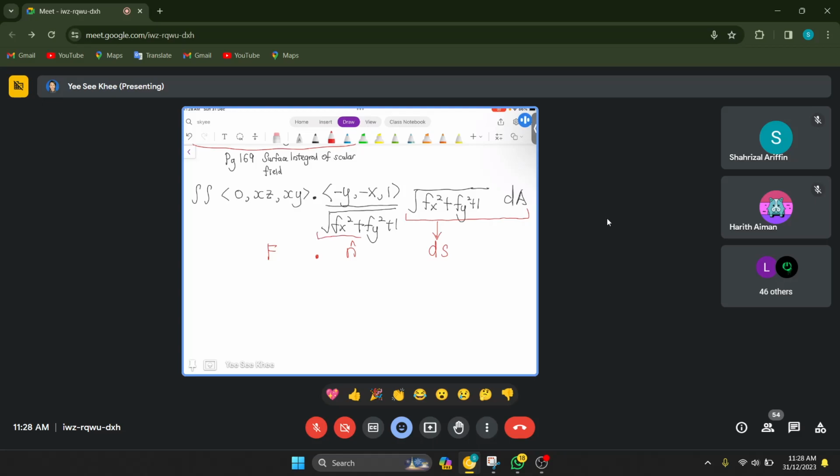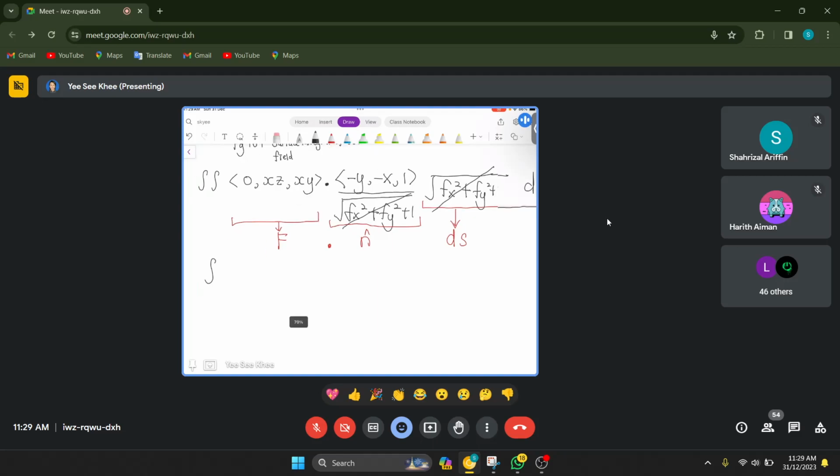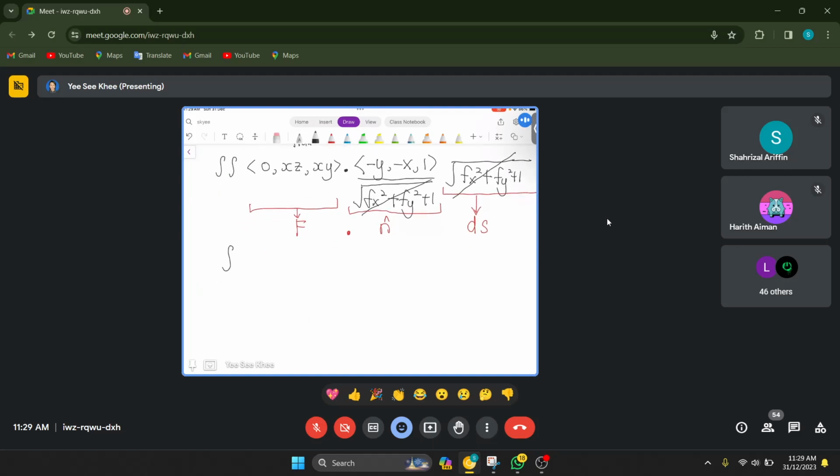This is your n, and this is your F. Clear? Next we can simplify it by cancelling these terms and continue with the double integration solving.